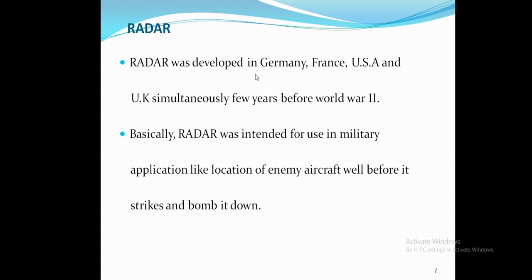Actually the radar was intended for use only in military applications, like location of enemy aircraft before it strikes and bombs. In olden days we used this radar only for that purpose, in the Second World War.